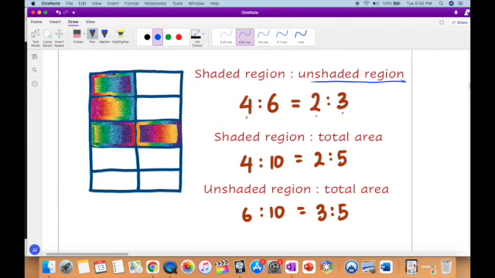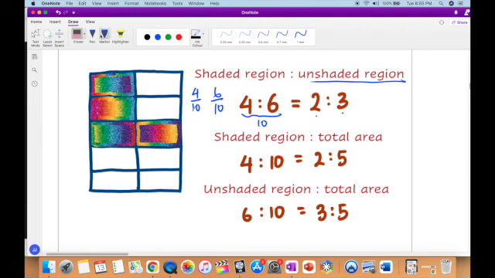this here represents, because 4 shaded and 6 unshaded means that I have a total of 10 blocks. Having a total of 10 blocks means that I actually have 4 out of 10 blocks shaded, and then 6 out of 10 unshaded blocks, right?